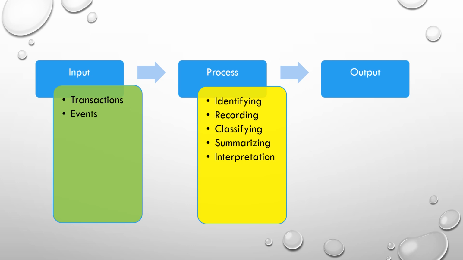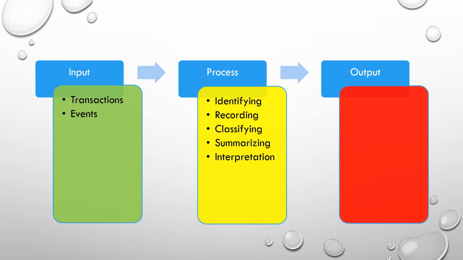This interpretation involves analyzing financial statements using techniques such as accounting ratio analysis, trend analysis, horizontal analysis or vertical analysis. So we can use different types of techniques or tools to analyze the company's financial result and financial position and interpret the company's financial status. Then through this process we have the key output called general purpose financial statements.